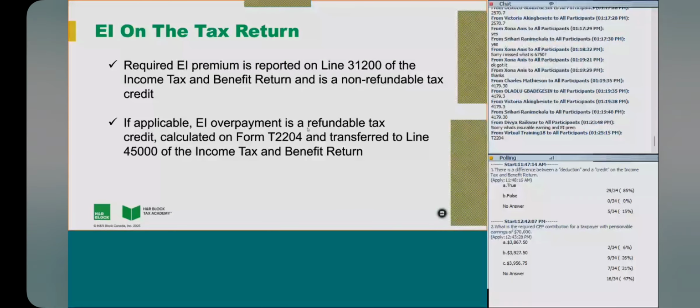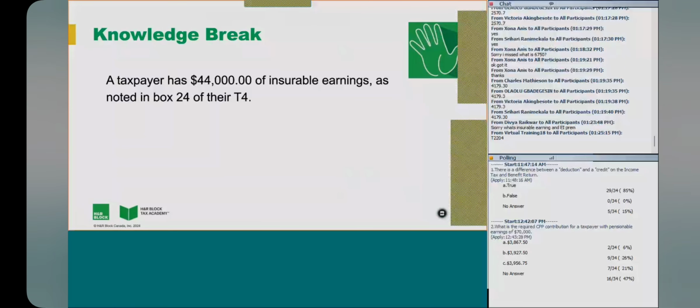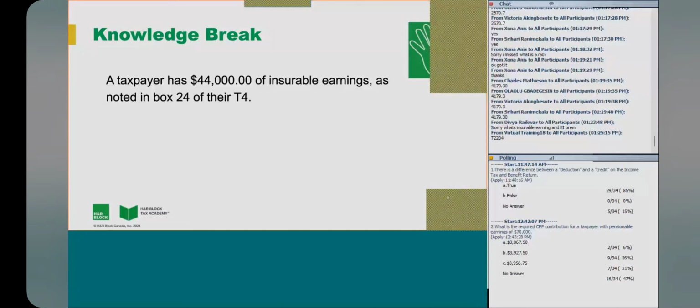All right. So let's see how well you've absorbed all of that. Tell me in the chat. For a taxpayer who has $44,000 in insurable earnings, as noted in box 24 of the T4, what is the required EI premium?